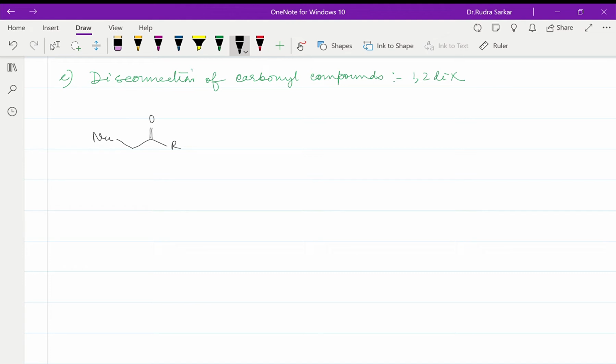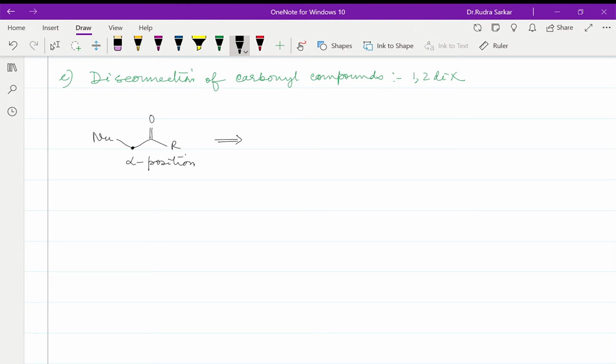So these are basically carbonyl groups which are derivatized at the alpha position. Okay. This is what we are discussing.